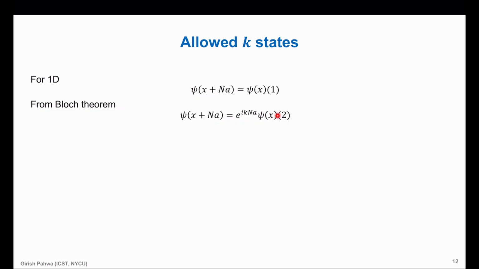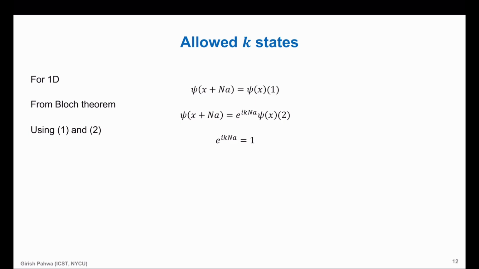will get this form. So what do I get from equation number 1 and 2? Compare equation 1 and 2. So e to the power iota k Na is equal to 1. And this is my condition, and this will determine the allowed values of the k. If e to the power iota k Na is equal to 1, what should be the value of the k?